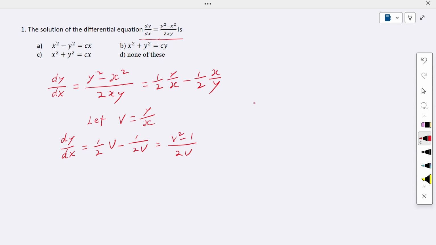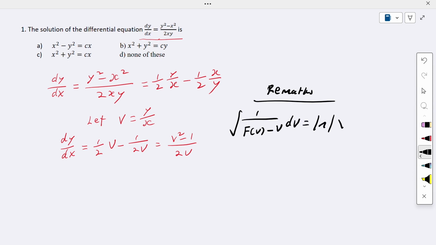In this case, we're going to use the formula: the integral of 1 over (f of v minus v) dv is equal to ln x plus c. We're going to apply this formula to solve this homogeneous first order ODE.